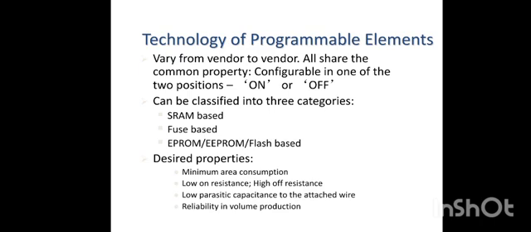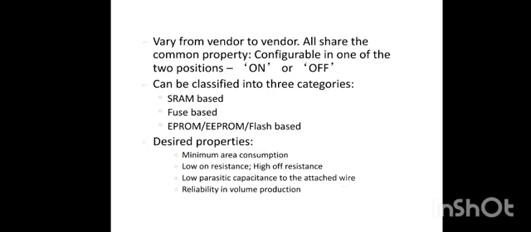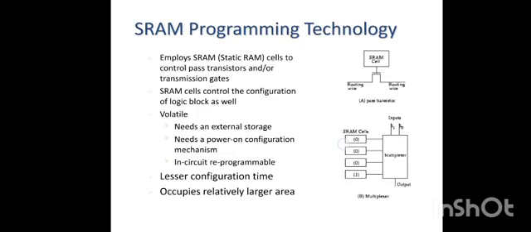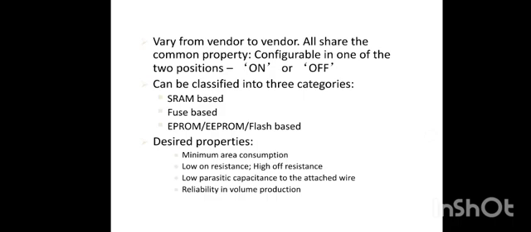It can be classified into three categories: SRAM based, fuse based and EEPROM based. The desired properties are minimum area consumption, low on resistance, high off resistance, low parasitic capacitance to the attached wire, and reliability in volume production.